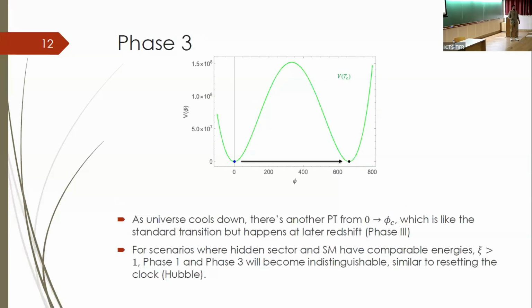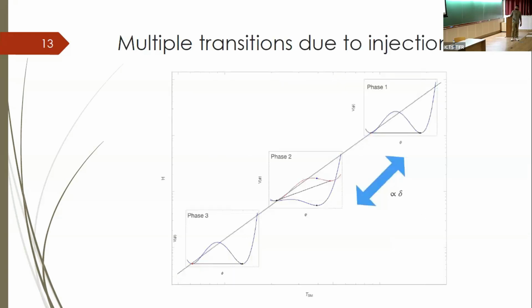Now, as the universe expands further and cools down, the potential will again take the shape that it took for phase 1. So phase 3 is the same transition as phase 1, but it only happens at a later redshift. To put it all together, the picture is that on the y-axis we have the Hubble rate, on the x-axis we have the standard model temperature.